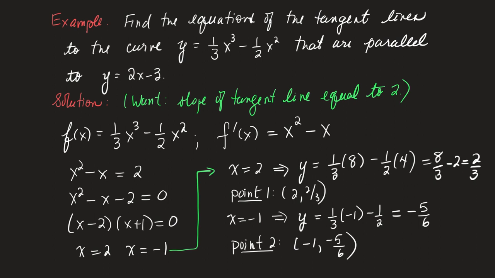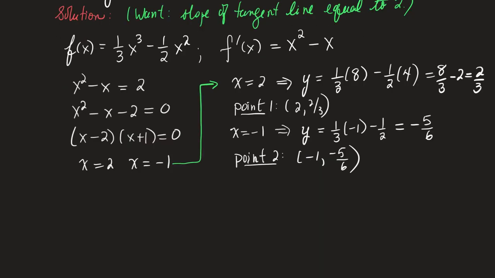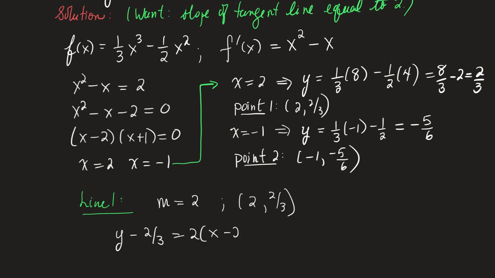Now remember that I was looking for equations of the tangent lines to the curve that were parallel to this line, which meant that the slope is equal to 2. So the slope is 2, and these are the 2 points, so I can now get the equations of the tangent lines. For line 1, the slope is 2 and the point is (2, 2/3), so I get y minus 2/3 is 2 times x minus 2.